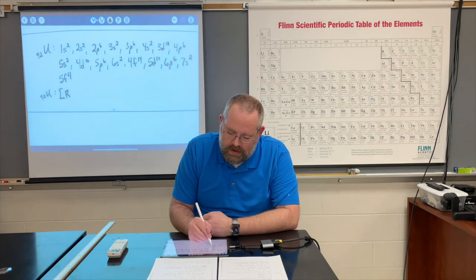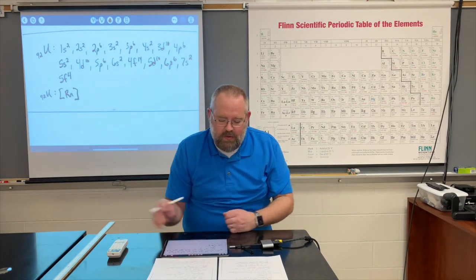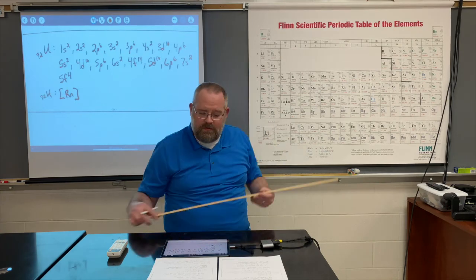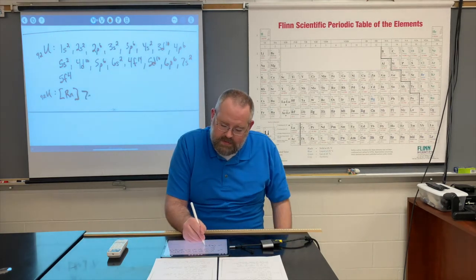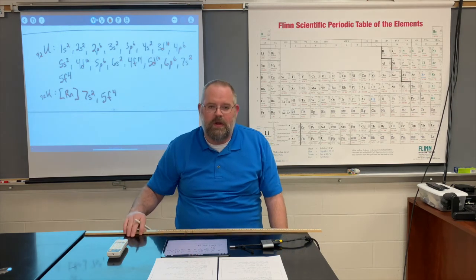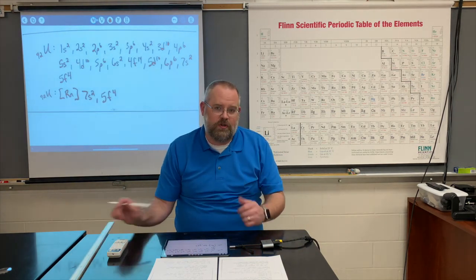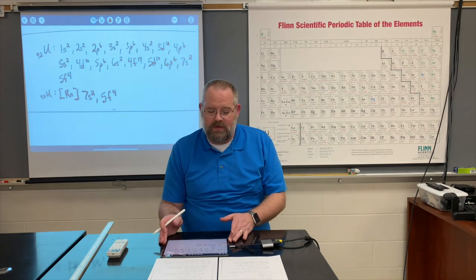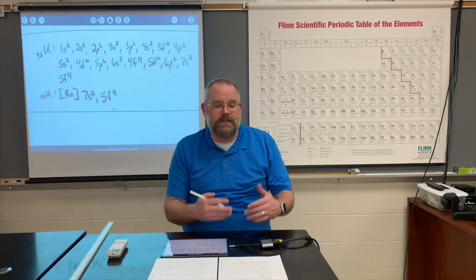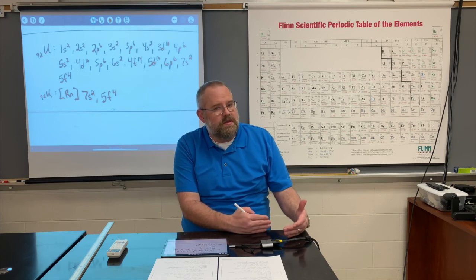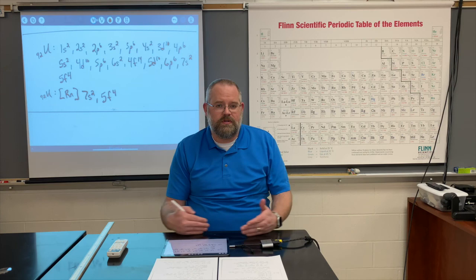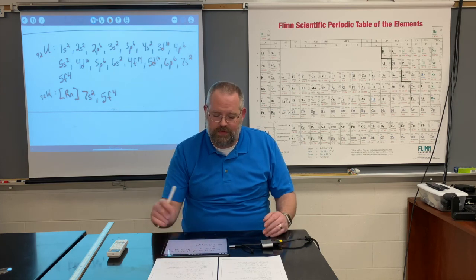So, after radon, we only have to write 7s2 and 5f4. And that's a huge shortcut to be able to cut all of that extra off at the beginning. Okay, so like I said, the beginning ones, it doesn't seem like that big of a shortcut, but when you get into the really long electron configurations, it's a very, very huge shortcut.